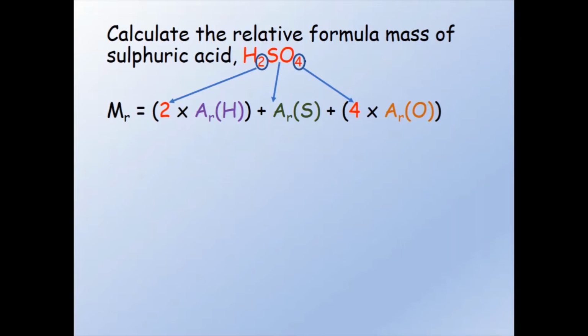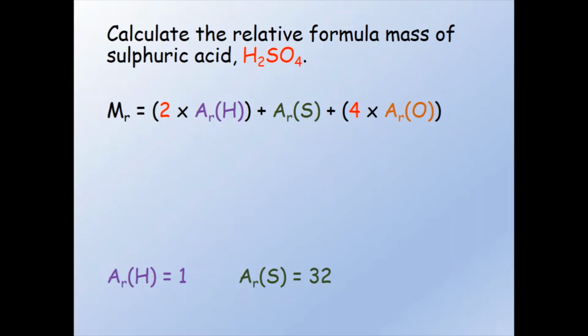Now again we need to look up those relative atomic masses in the periodic table. So the relative atomic mass for hydrogen is 1, the relative atomic mass for sulfur is 32, and the relative atomic mass for oxygen is 16. Now again we can just take those numbers and plug them into our equation at the top.